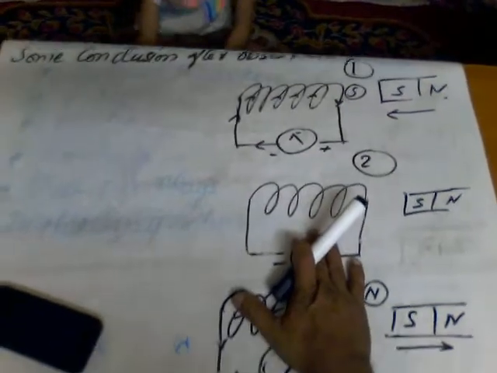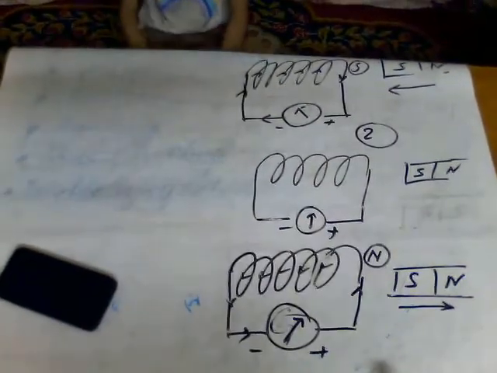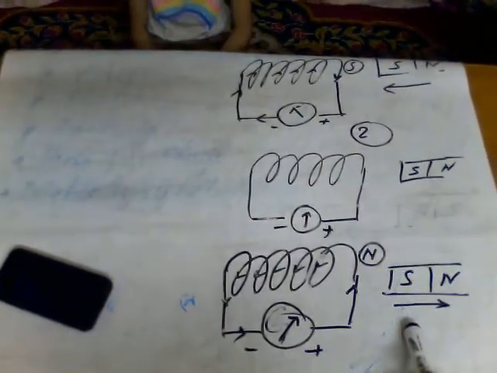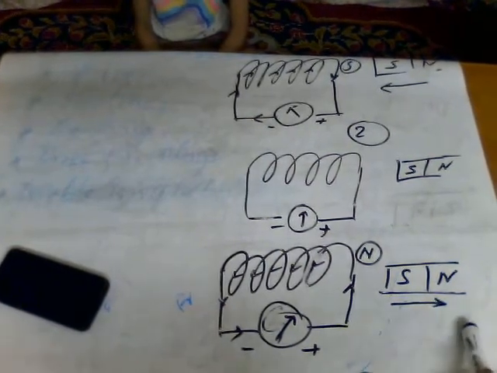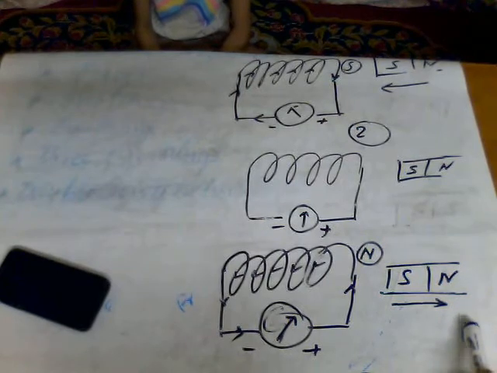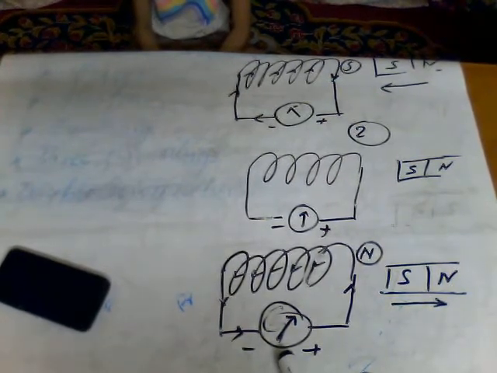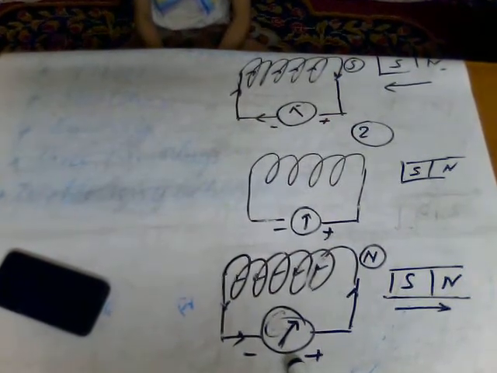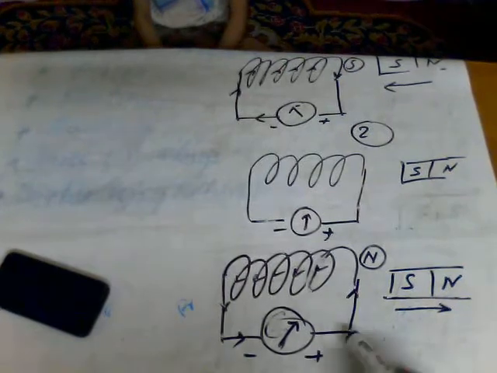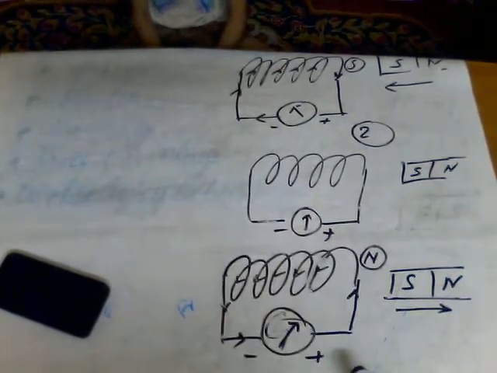In the third figure, the south pole of the magnet moves from left to right. The direction of the needle of the galvanometer is also from left to right, and the current is in the opposite direction.